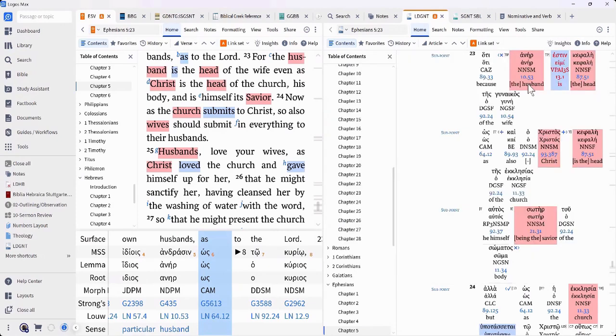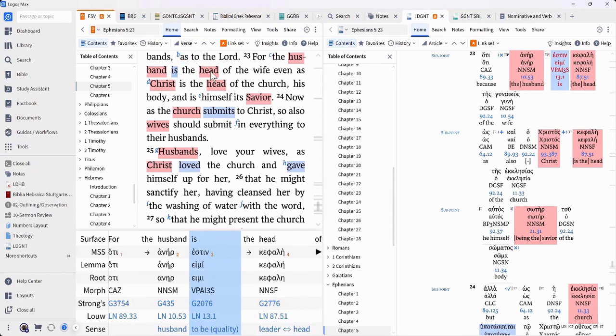And they are both identifying the same thing. The husband is the head, so for the husband is the head. Both of these are functioning more as the predicate nominative, and we're going to get into that.